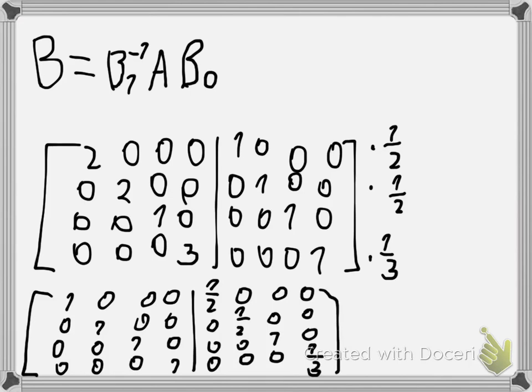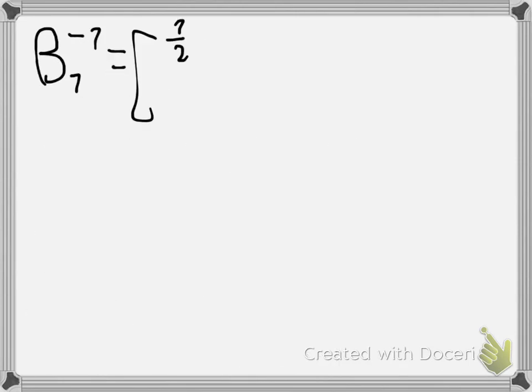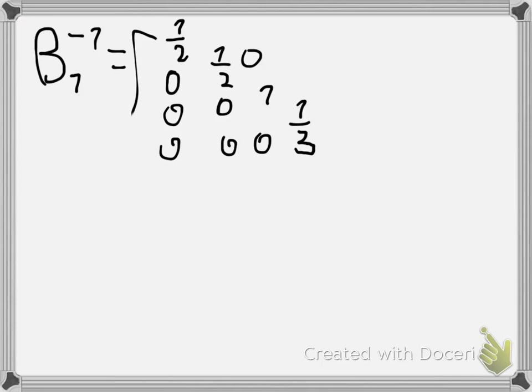So the right side is already our inverse. We get that B1 inverse is equal to the diagonal matrix with 1/2, 1/2, 1, 1/3.